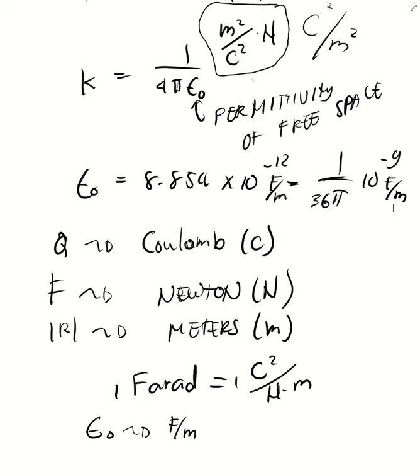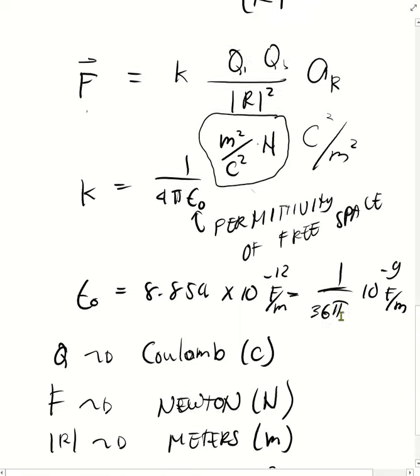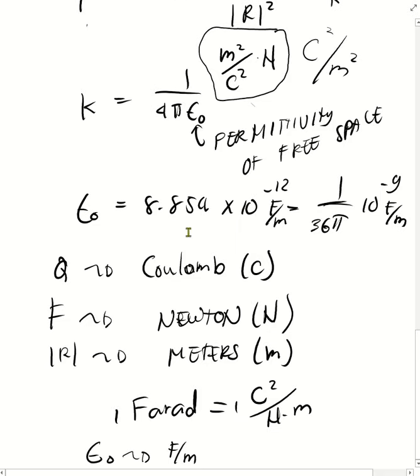So to relate them, we use farad per meter for the permittivity. But in general, this K, 1 over 4 pi epsilon naught, is the value of K in free space.